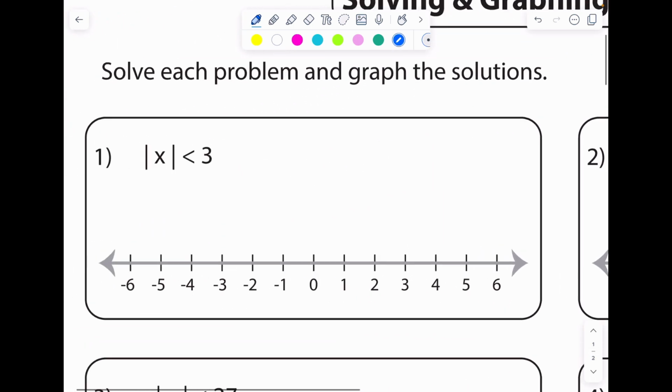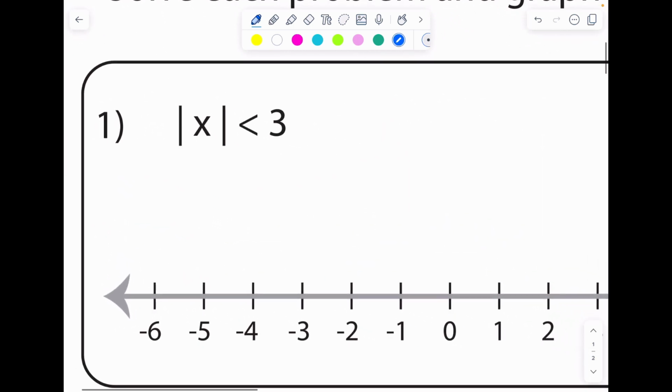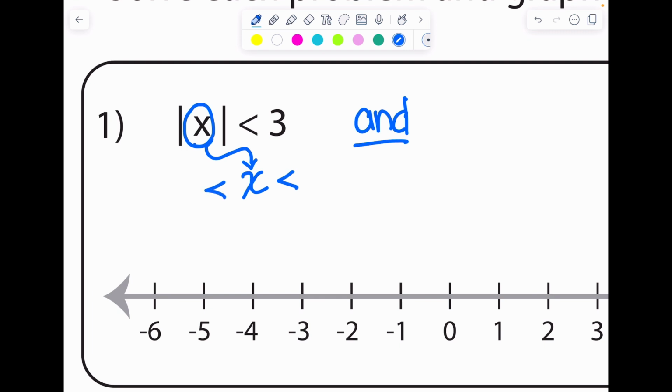So we've got here the absolute value of x is less than 3. We see from the pattern up above that it's a less than problem, so that means it's going to be an AND statement, which means I can just put whatever expression is right here in the middle between two less than symbols, with the positive version of the number to the right and the negative version to the left.